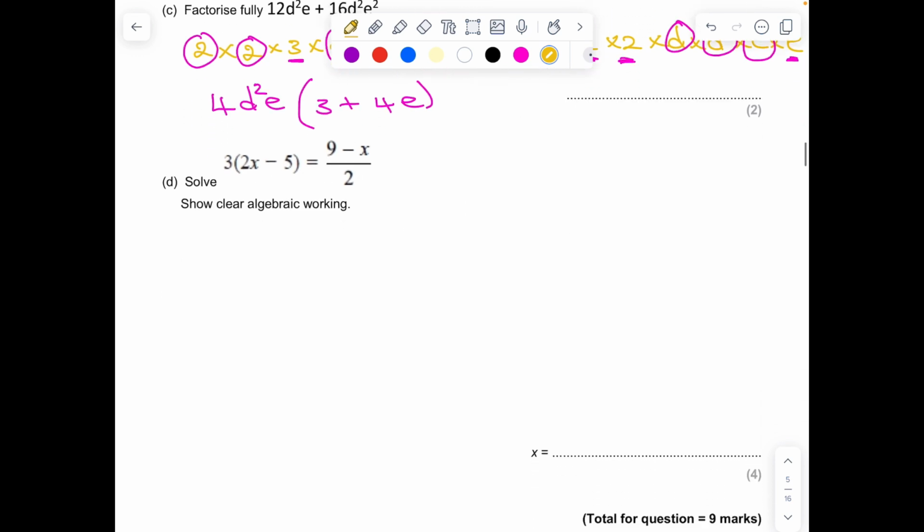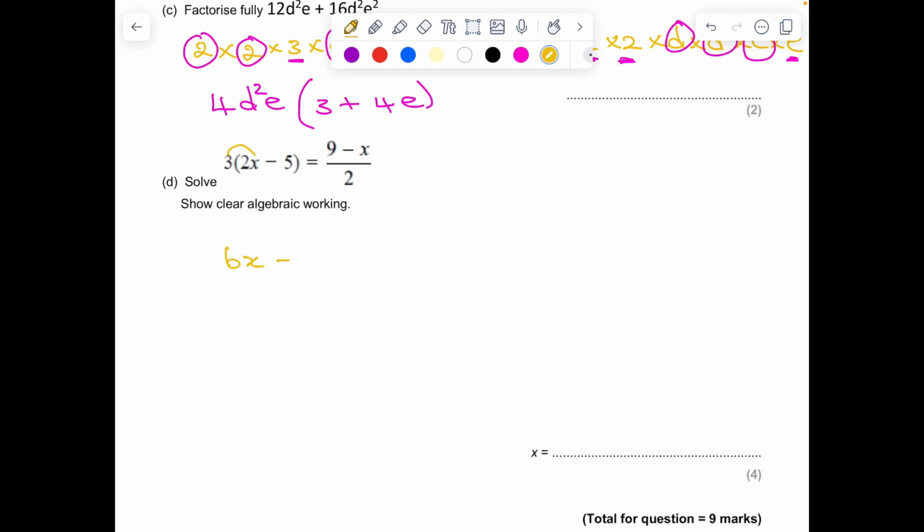All right, next one, I'm going to solve this equation. So what I would do first is I would multiply out the brackets. So here, 3 times 2x is 6x.